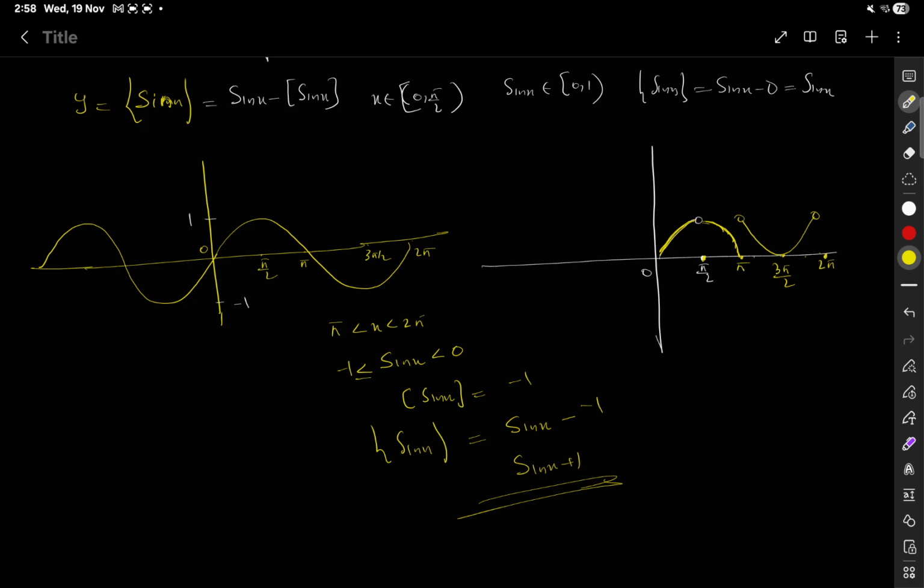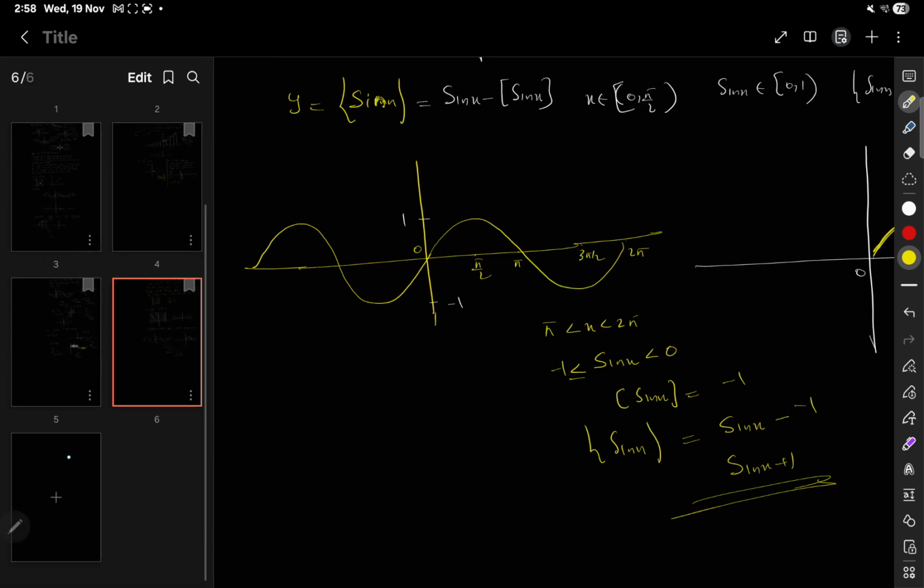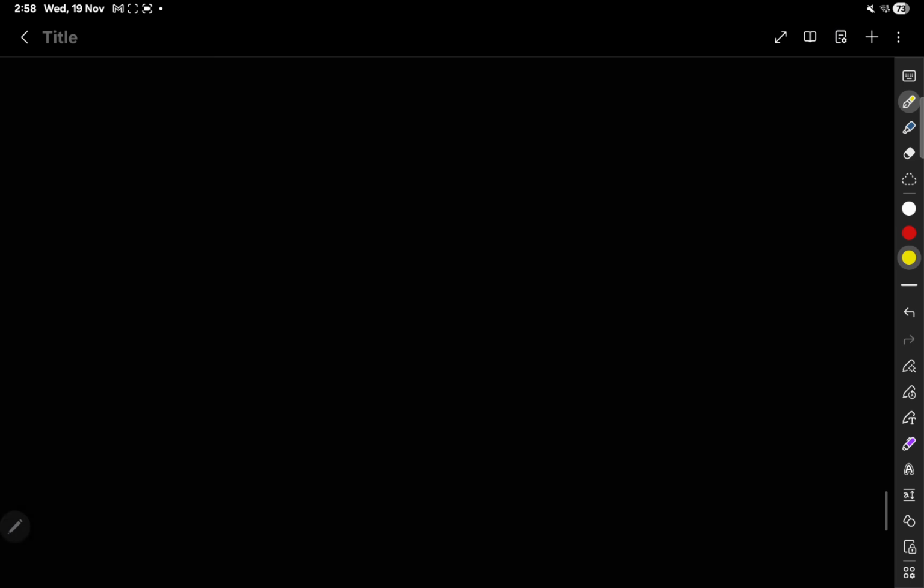Now next transformation is y equal to f of x transforms to y equal to f of fractional part x. This is very easy transformation. Why? Because you can see that its period is 1.